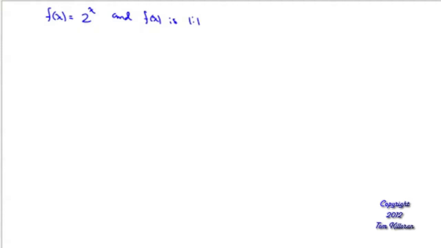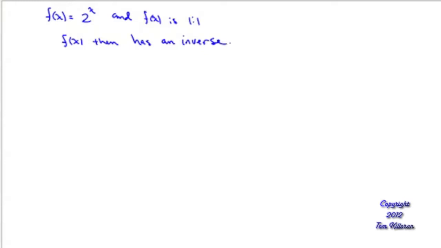What must be true then? What's the major property of 1-to-1 functions? They have an inverse.